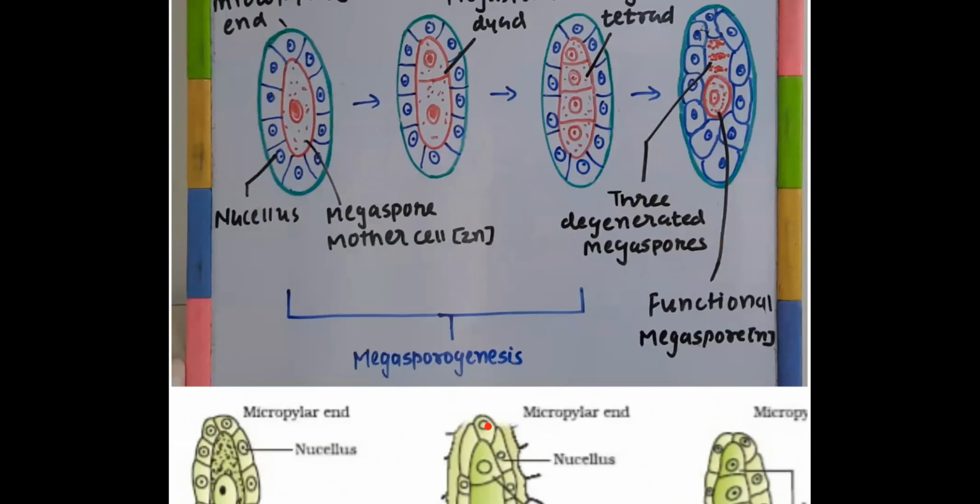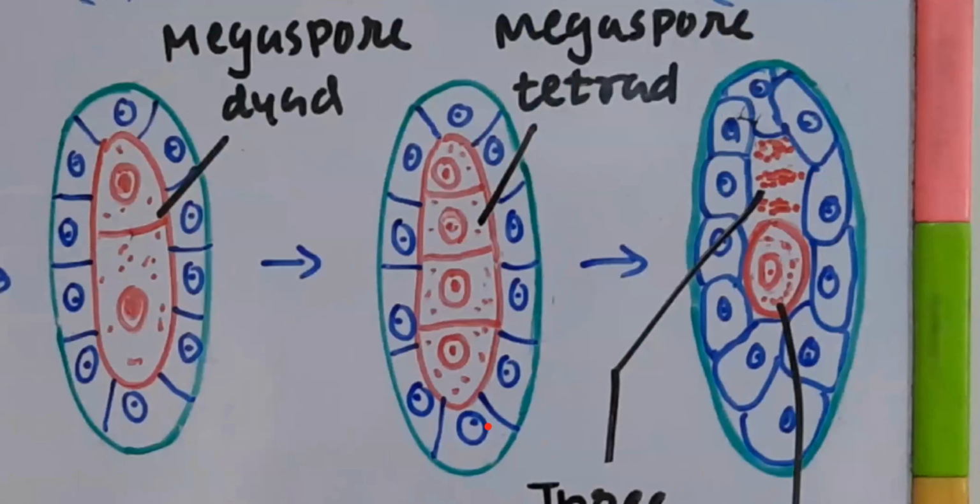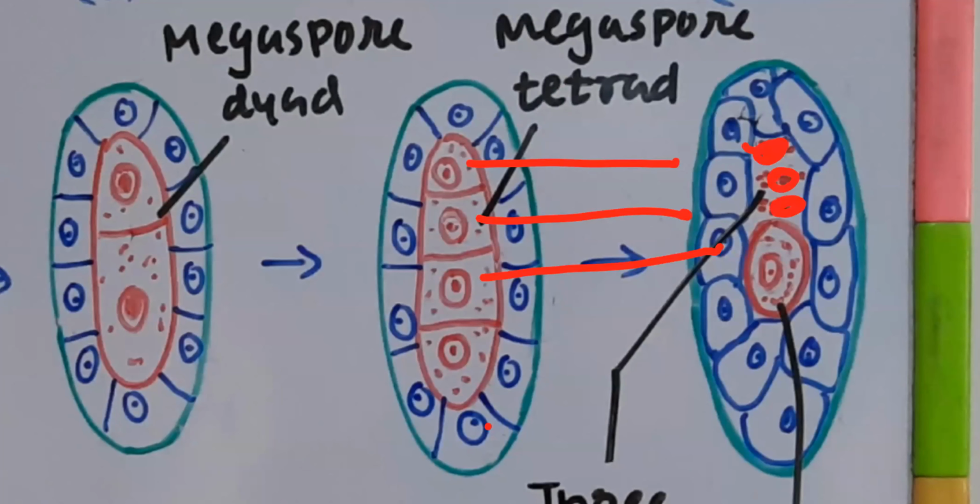Unlike that, in the female system of the plant, out of the 4, 3 megaspores degenerate. Only one is left as a functional megaspore to contribute to female gametophyte development.